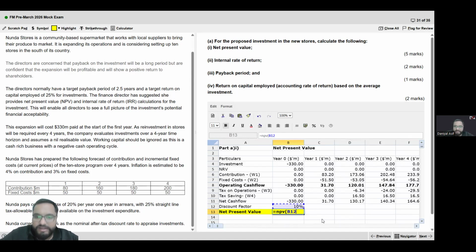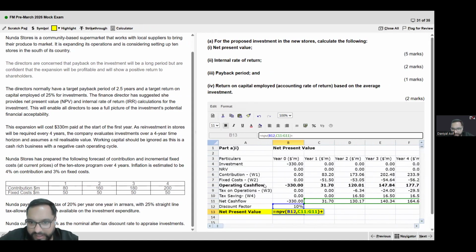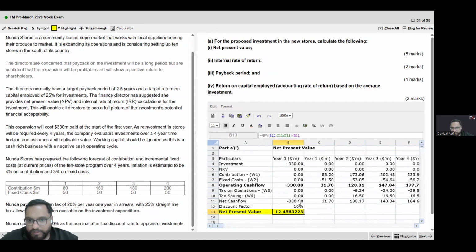Now, is equals to NPV bracket open, this is my discount factor, multiplied by my cash flows. I'm going to select my cash flows from year 1 to year 5 only, then press plus and select my year 0. This gives me a net present value of 12.45.